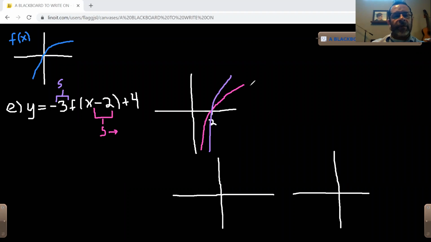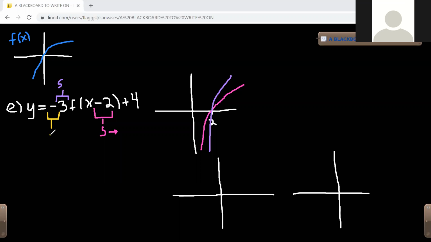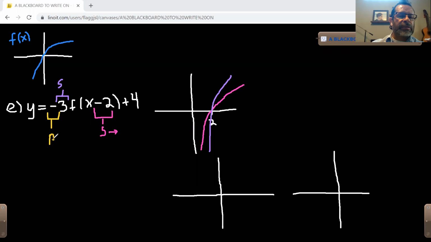And then we've got a negative here. What is the negative outside going to generate? A reflection in x. Correct. This is going to be a reflection in x. So now we're still here at the 2, and we are going to generate a reflection.